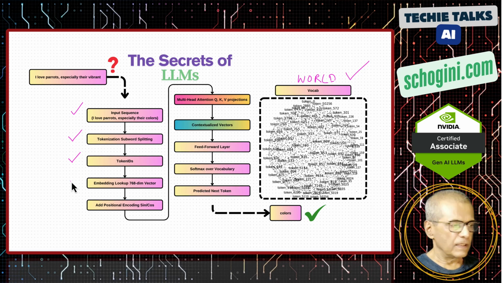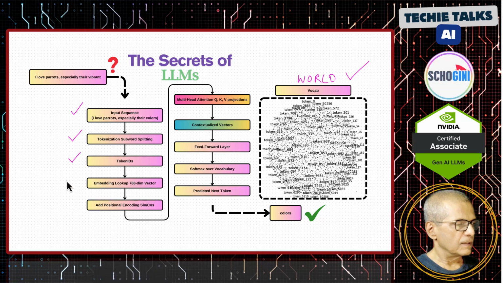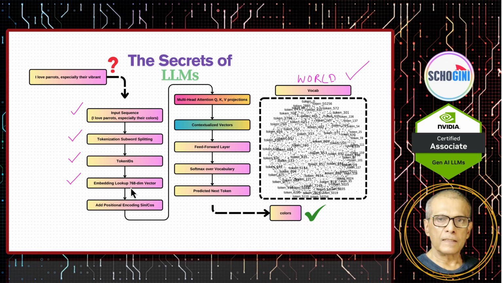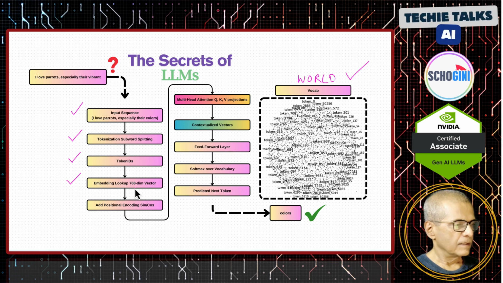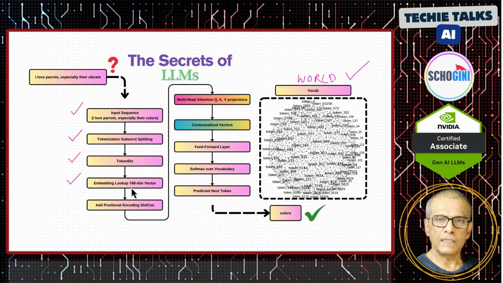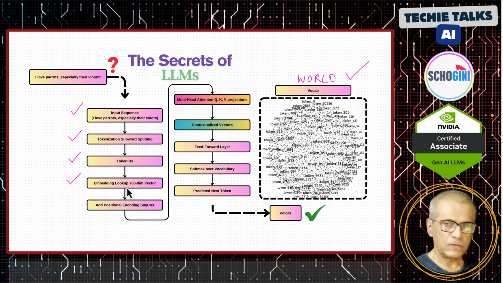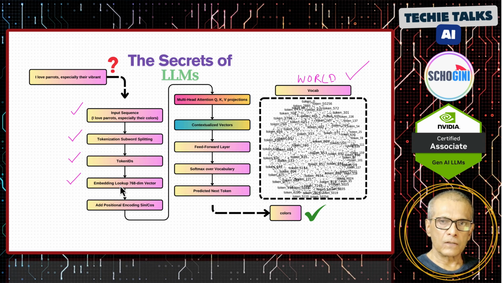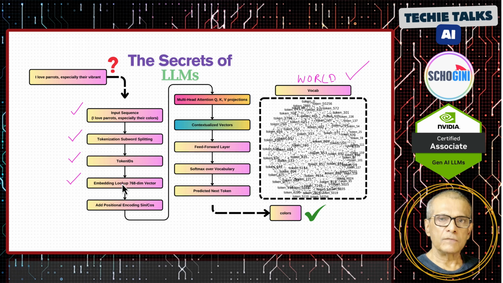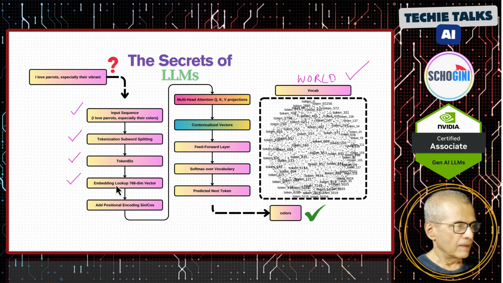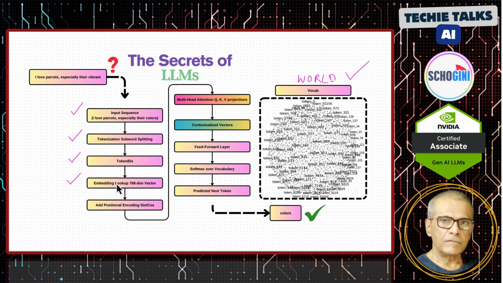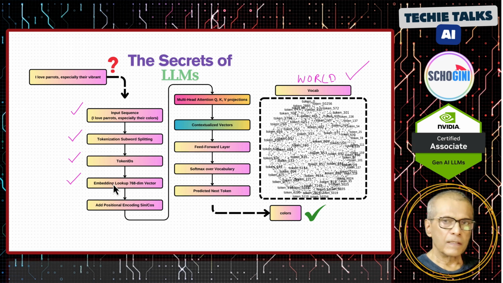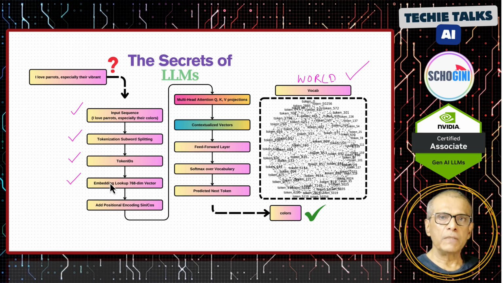Next thing is, every token ID has a corresponding embedding. Like I said, a vector of 768 dimensions or even much more. So every token now gets a sequence of coordinates which are 768 long. That means you have made the token much more meaningful.